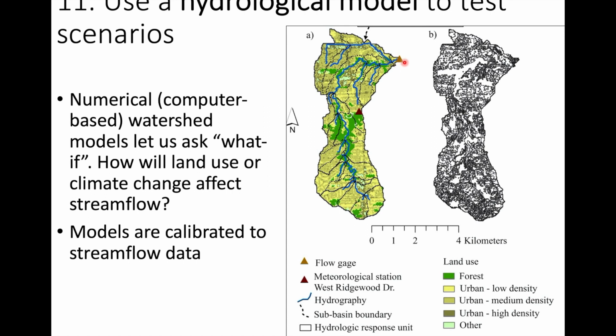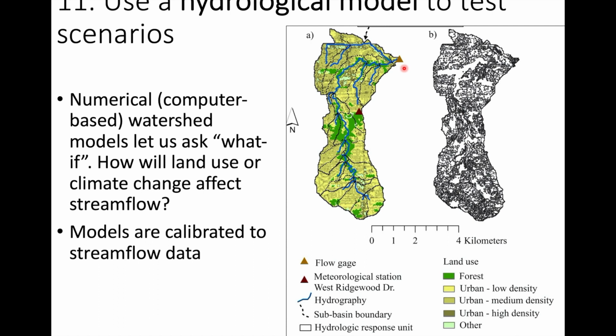Here we've got a USGS gauge at the outlet of the watershed, and we use it to calibrate our model. Essentially, we tweak the way we are representing the processes in the watershed until what our series of mathematical equations, our numerical model, gives us matches reality.